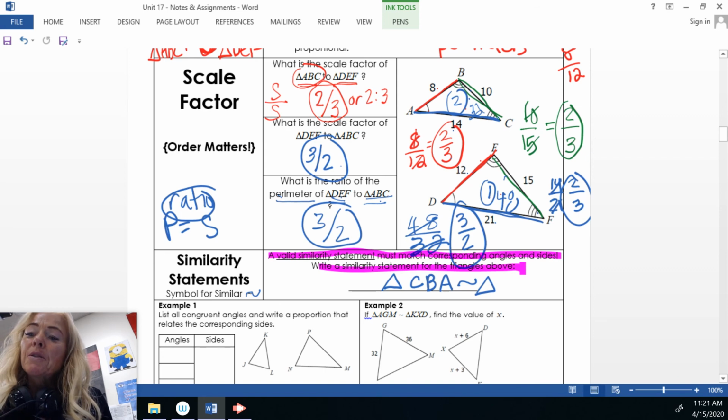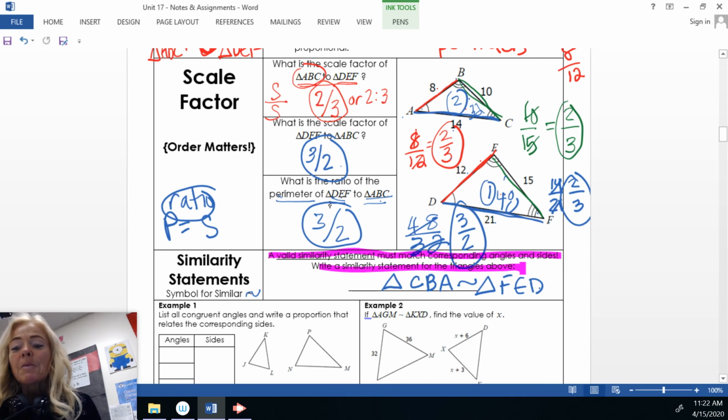So we would say triangle CBA, and we went from 3 to 2 to 1, is going to be similar to triangle FED. That's a similarity statement. And of course, there are 3 of them. You could list them in whatever order you would please, but just make sure that C and F have the same measure, B and E have the same measure, and A and D have the same measure.